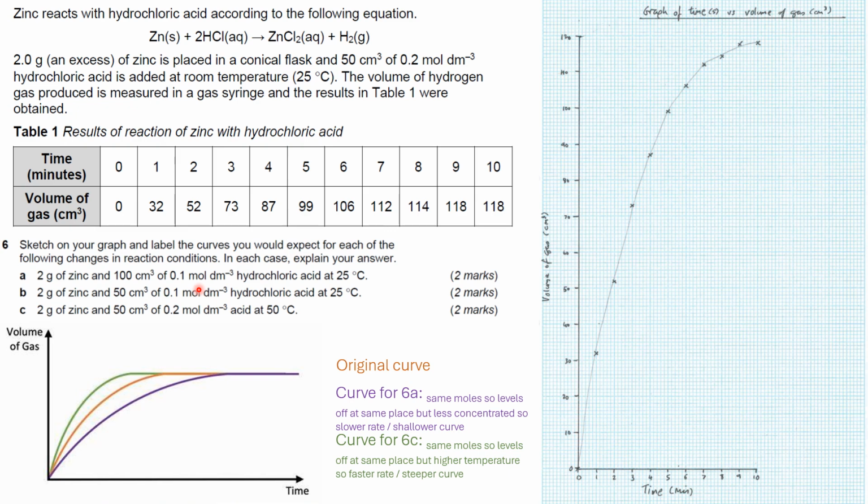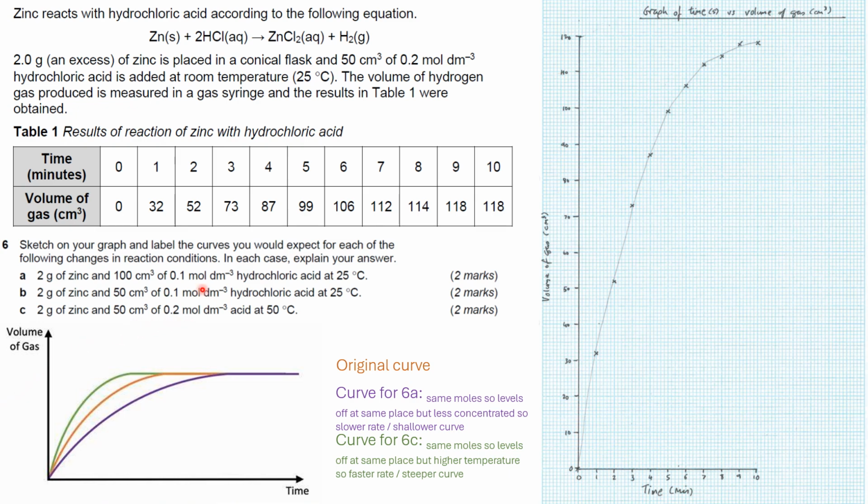So half the concentration, twice the volume, same number of moles. So therefore the curve levels out at the same place.